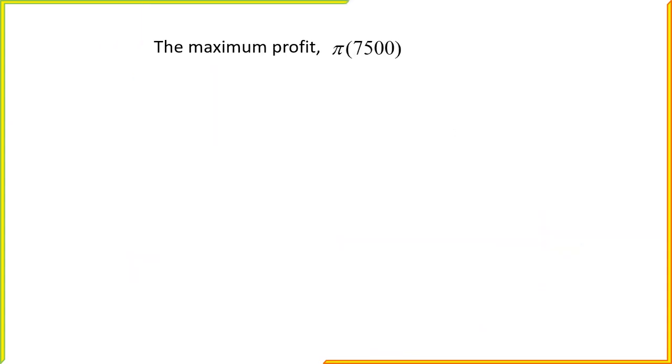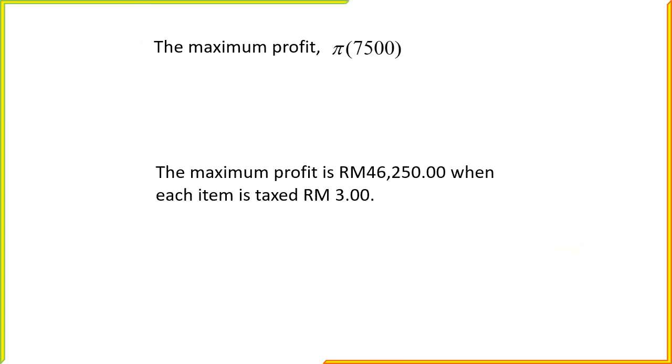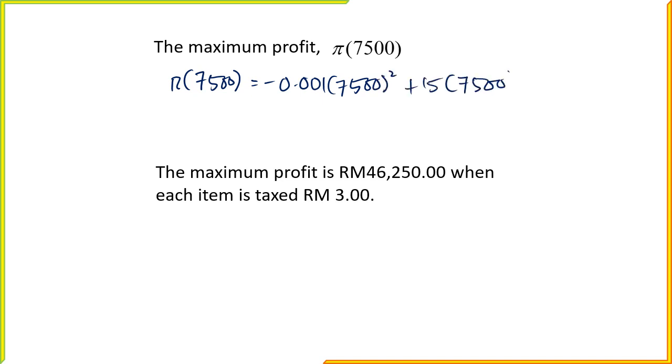Okay, now to find the maximum profit, we need to substitute 7,500 into the pi function. So what is our pi function? The new pi function, pi of 7,500 is equal to negative 0.001 of 7,500 squared plus 15 of 7,500 minus 1,000.